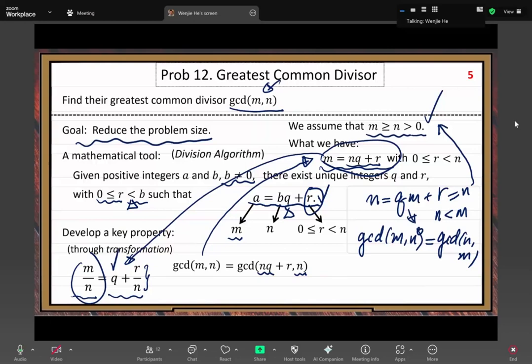But this integer term, the first term, does not impact the second fractional term, right?